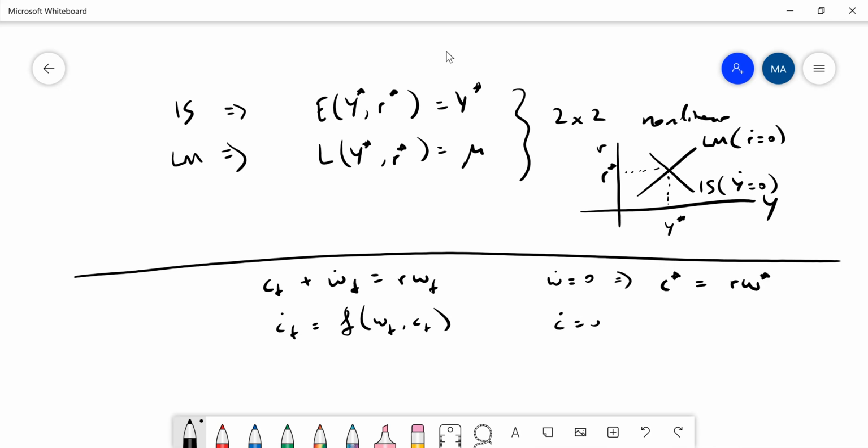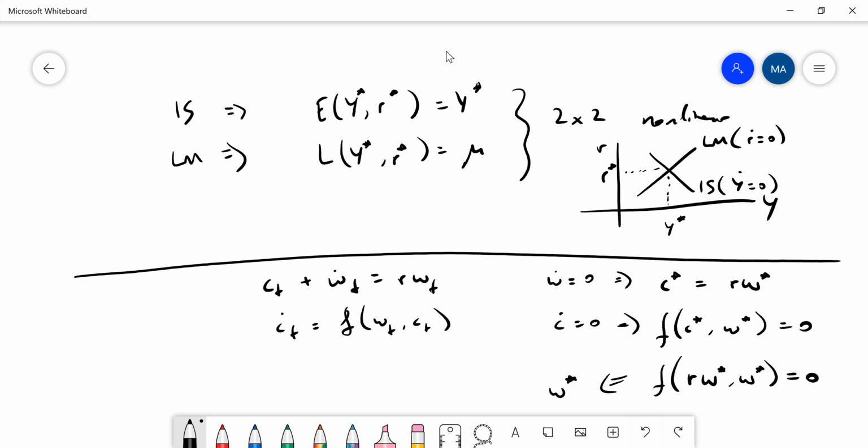Then C dot equals 0 implies F(C star, W star) is equal to 0. Then if you replace C star, you have F(R W star, W star) equals 0. So depending on F, you solve for W star, and you solve for C star as R W star, right?